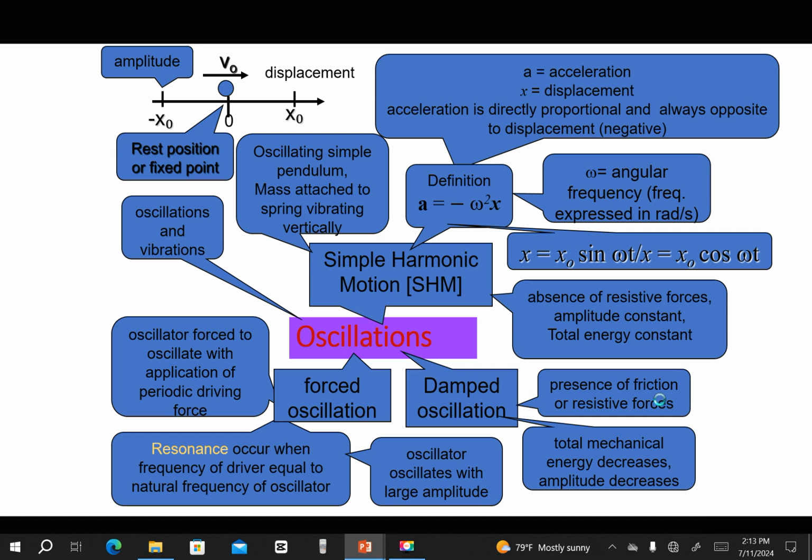We have explored everything that is necessary. We talked about forced oscillations, damped oscillations, and the dissipative forces involved. We have talked about resonance. We have defined simple harmonic motion, an oscillation, angular frequency or angular velocity, and so on and so forth.